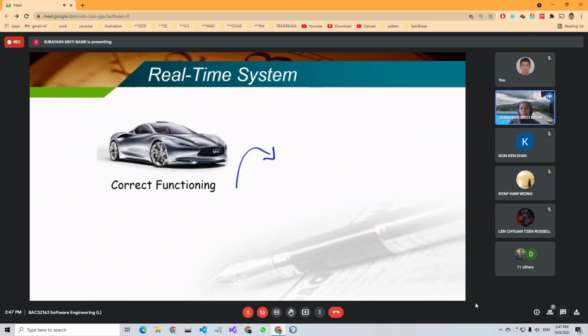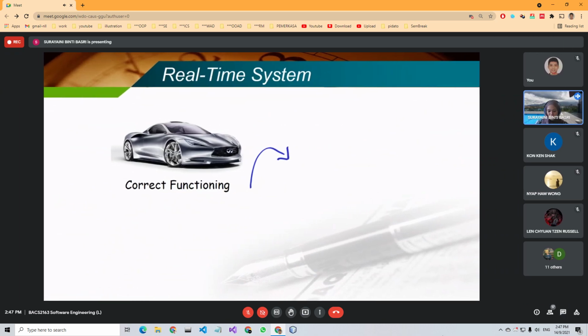So the definition of a real-time system is a system that generates some result or action in response to an external event in a specified time.